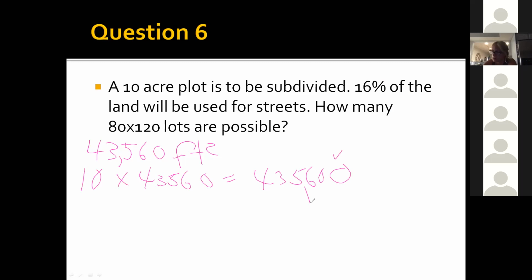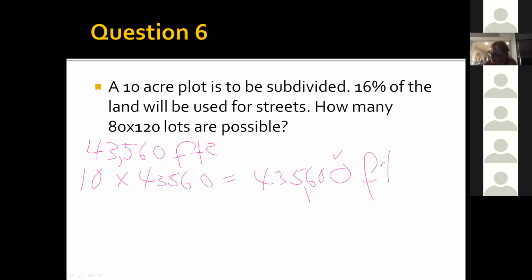We add the extra 0 for multiplying by 10. That gives us, I'm sorry, we got the comma in the wrong place. So we have 43,560 times 10. That's right, 435,600. That's how many square feet we have.